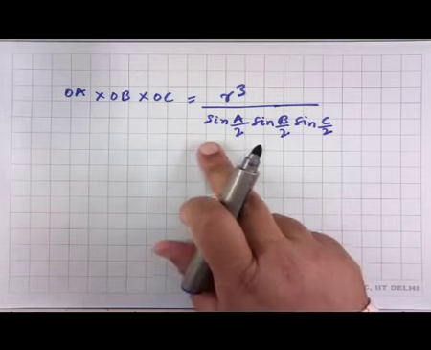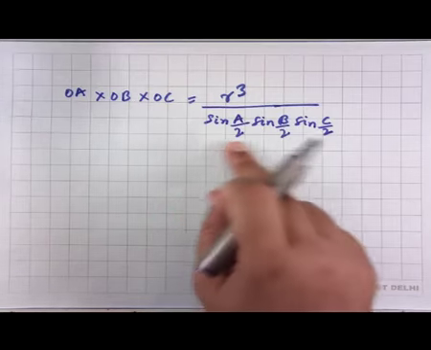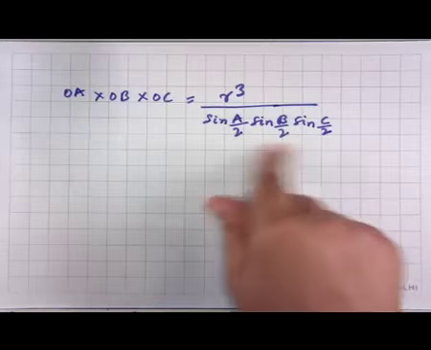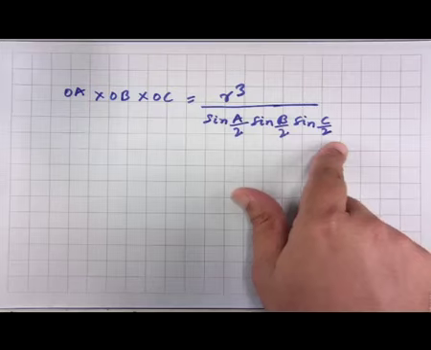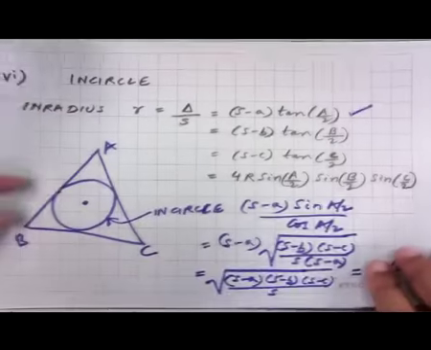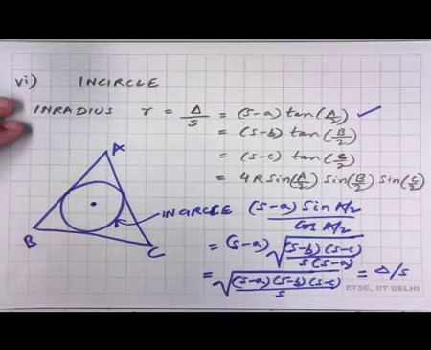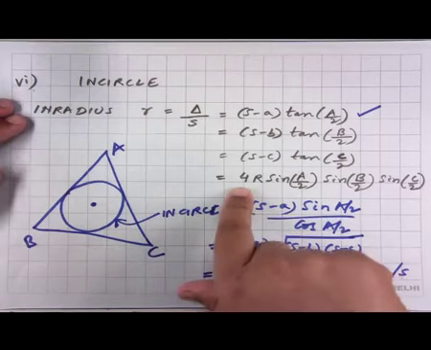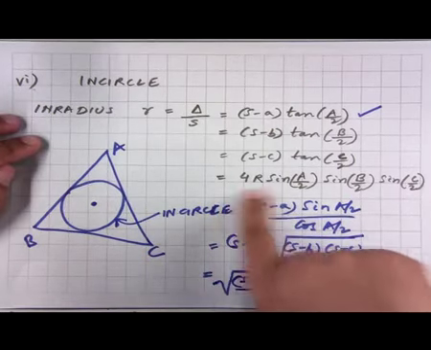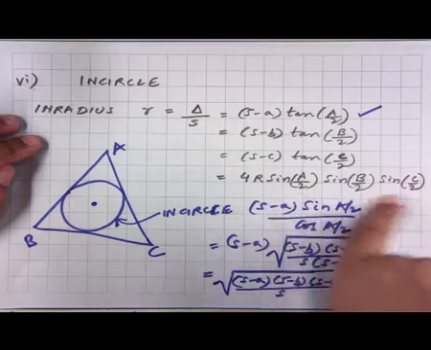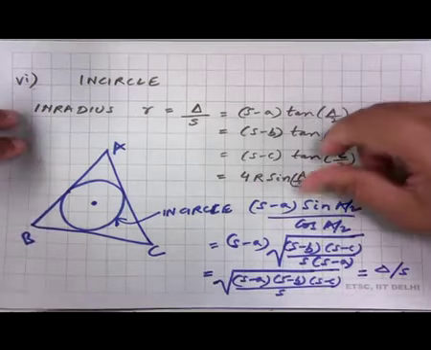But if you recollect, we have already seen this kind of a product of the sines of the half angles of all the three angles. If we recollect the expression, this particular last expression here also contains the product of the sines of the half angles. So, this is what we plan to use.